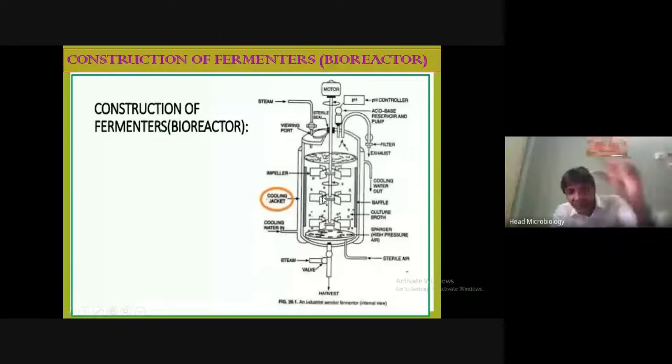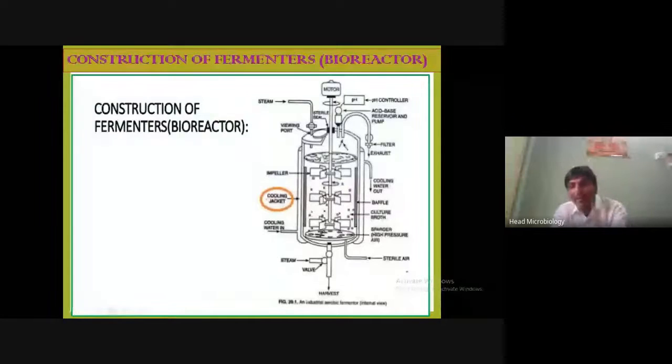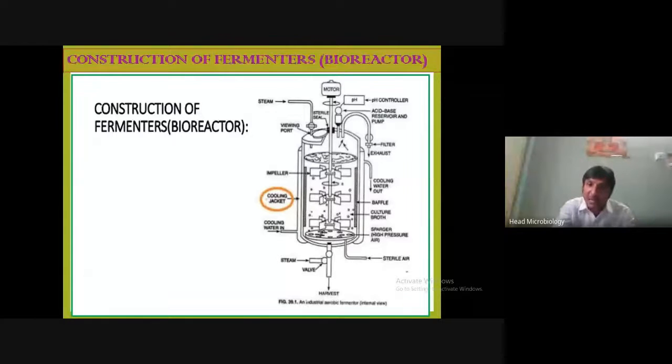If they are not stirring, the yield will be very low. If the impellers and spargers are working properly, the yield will also be very high.